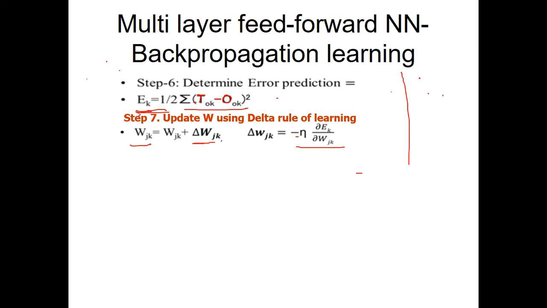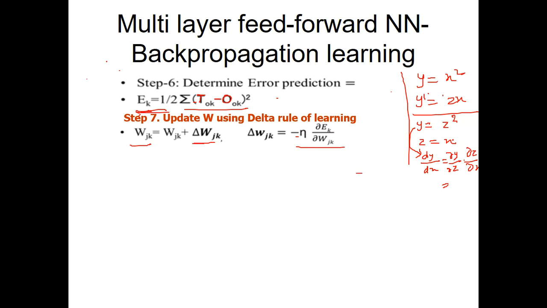Let us say you have a function y is equal to x square. If you differentiate y with respect to x, you will get 2x. If you have y is equal to z square and z is equal to x, then to differentiate dy by dx, first you differentiate y with respect to z, then you differentiate z with respect to x.